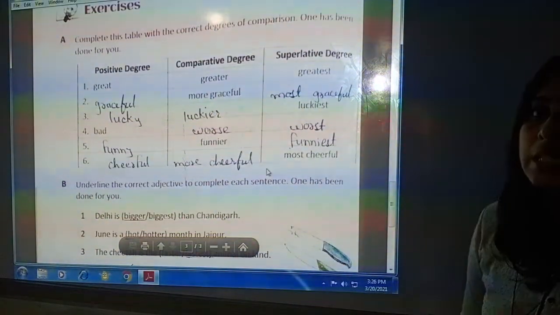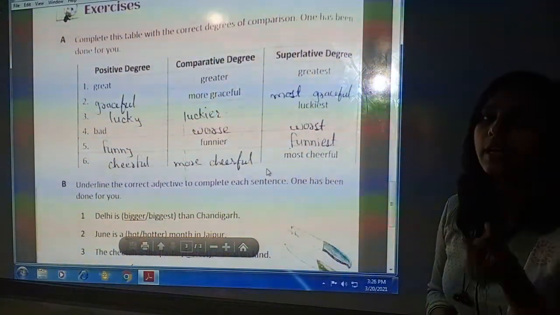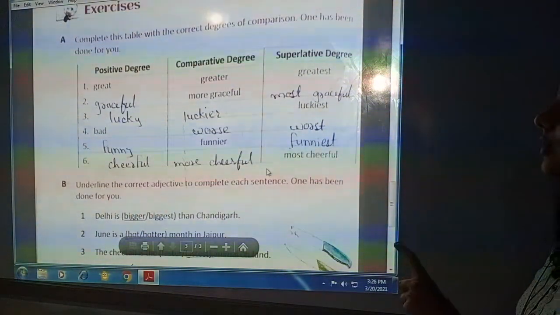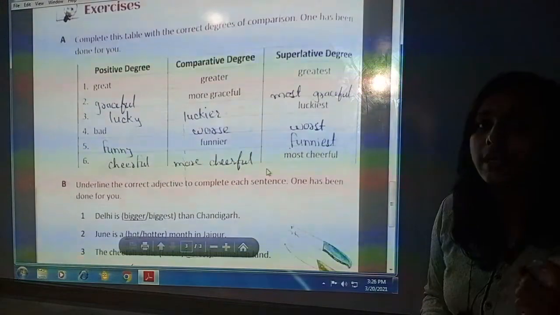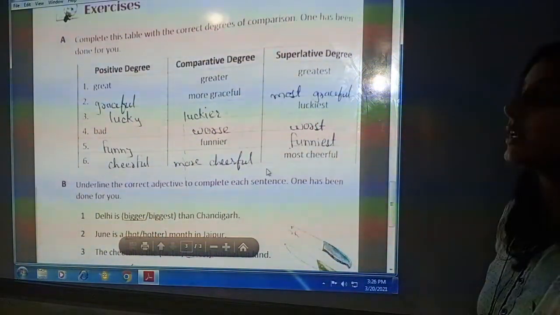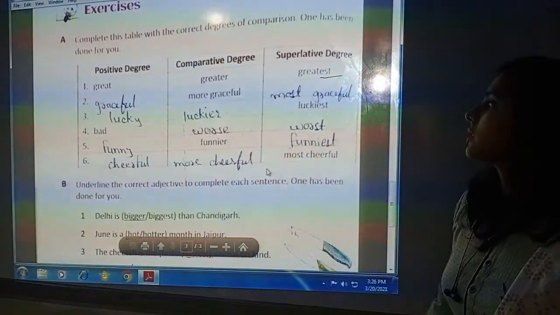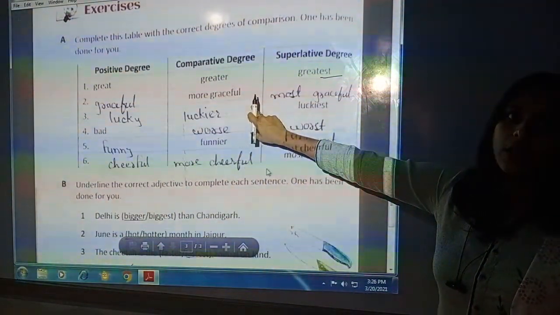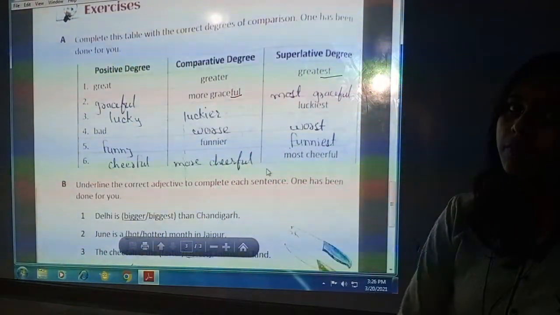First one is great. In the comparative degree it will become greater. -er will be added in the comparative degree, and in the superlative degree it will become greatest. -est will be added in the superlative degree. Okay. Now the second one is more graceful. Here you can see -ful, a suffix, is added.